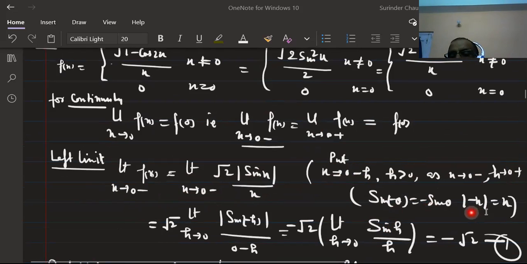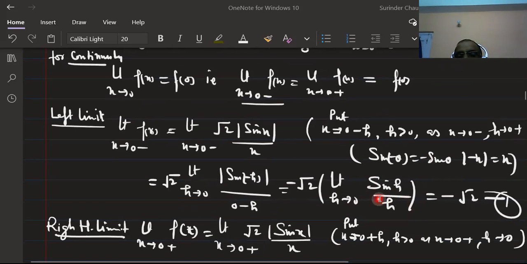After putting the value of function f(x) here and root 2 constant outside, limit as x goes to 0 of modulus of sine of 0 minus x upon 0 minus x, modulus of minus sin x upon minus x, results in root 2 times limit of sine x upon x. This comes out to minus root 2.